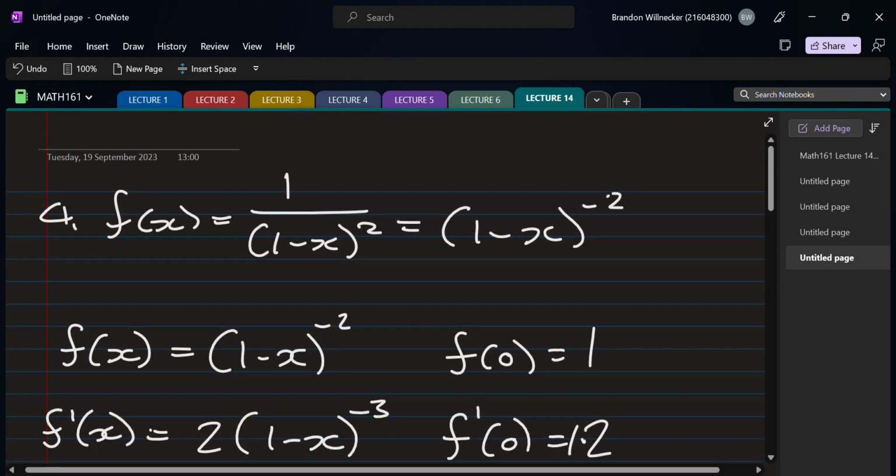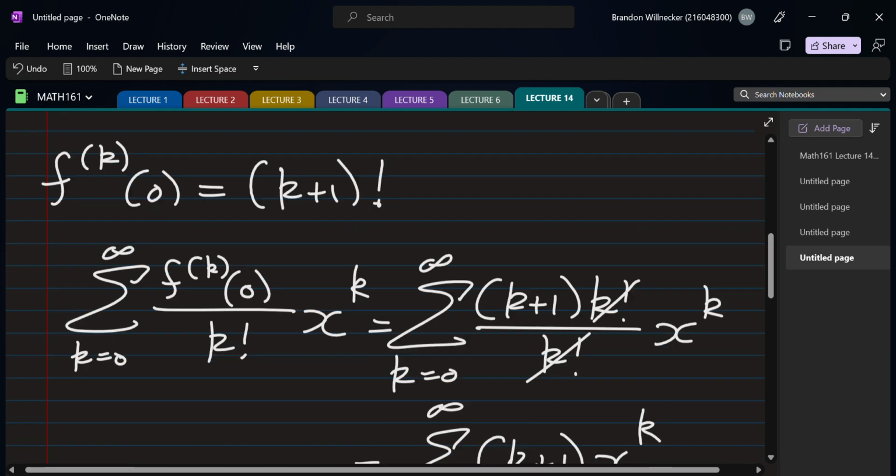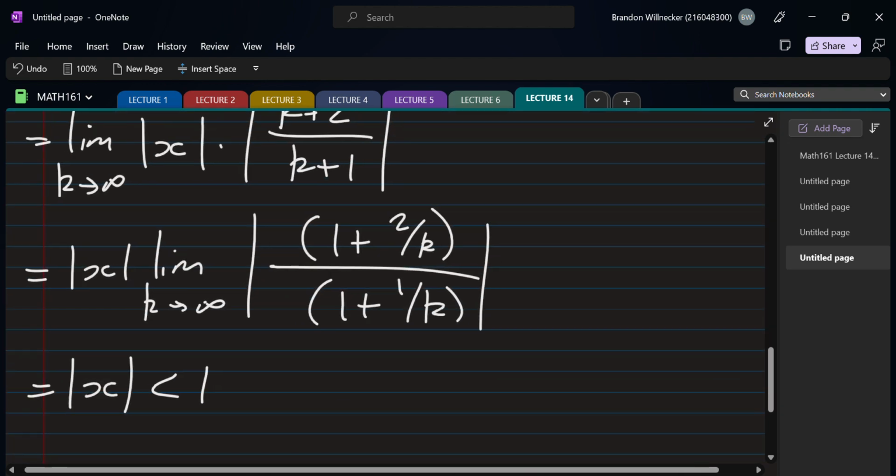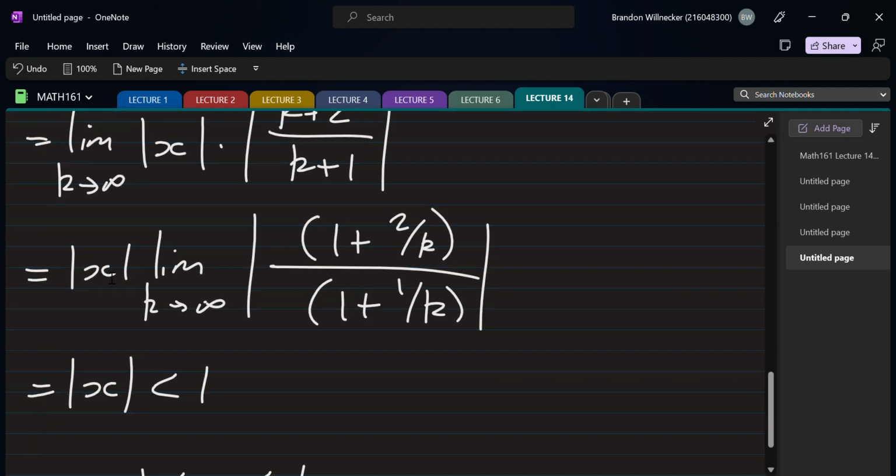If I replace this with 2x, for example, or 3x, then when we do this limit, this x might be different. So it could be the absolute value of 3x is less than 1. Then you have to do a little bit more work. But for this one, it's quite easy.